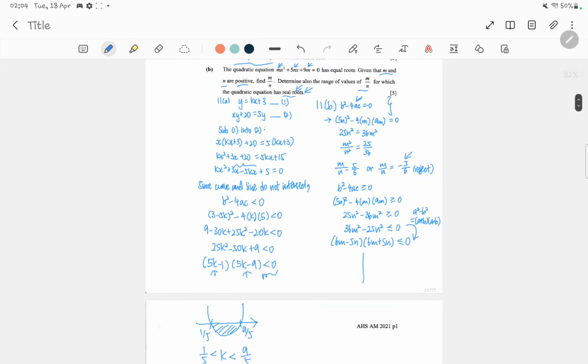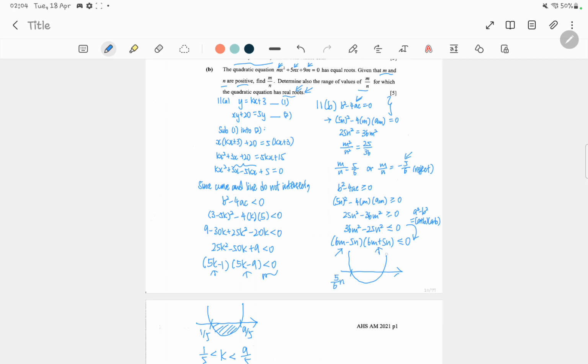Which means, from this inequality over here, let's draw the graph again. What makes this 0? When m is 5 over 6 n, correct.